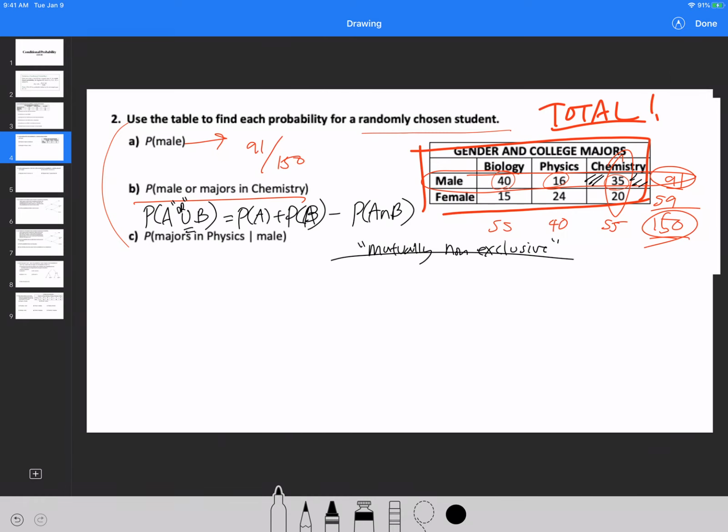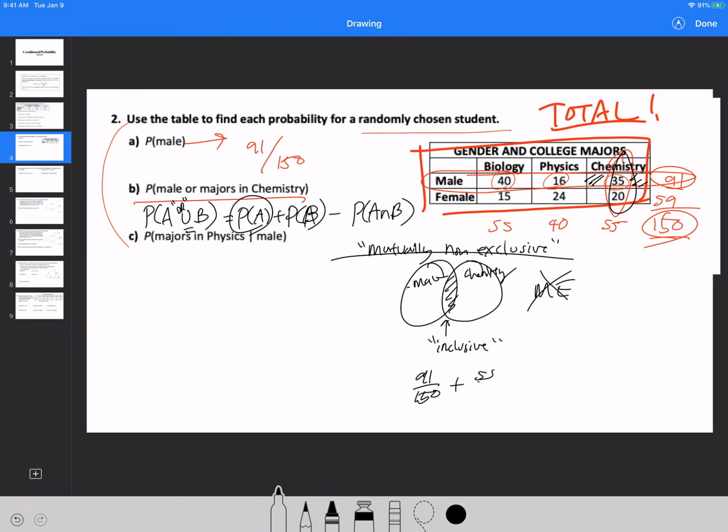The reason it's not mutually exclusive is because there is a part that is both male and chemistry, which they both share. So we cannot say that this is a perfectly mutually exclusive event. So the probability of male is 91 out of 150, plus the probability of chemistry, which is 55 out of 150, but you need to subtract that one portion that's both chemistry and male, 35 out of 150.